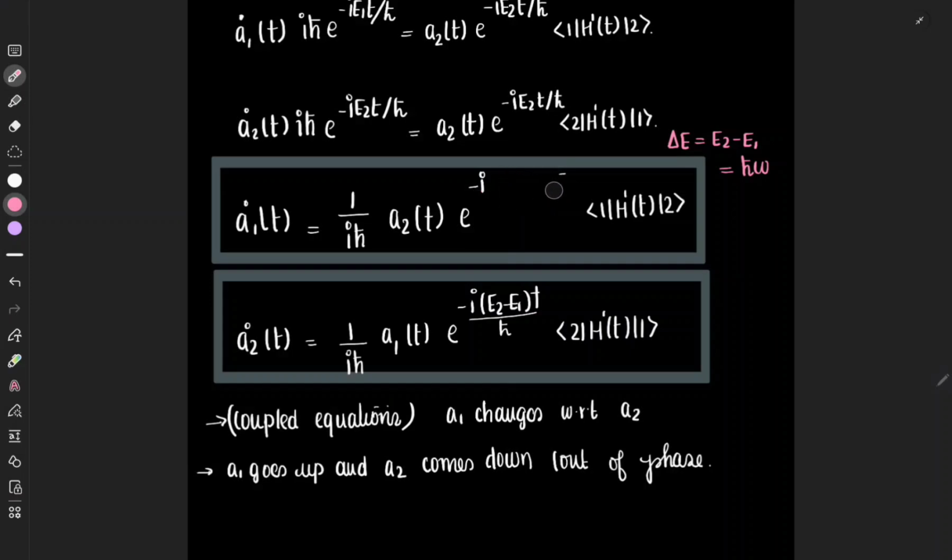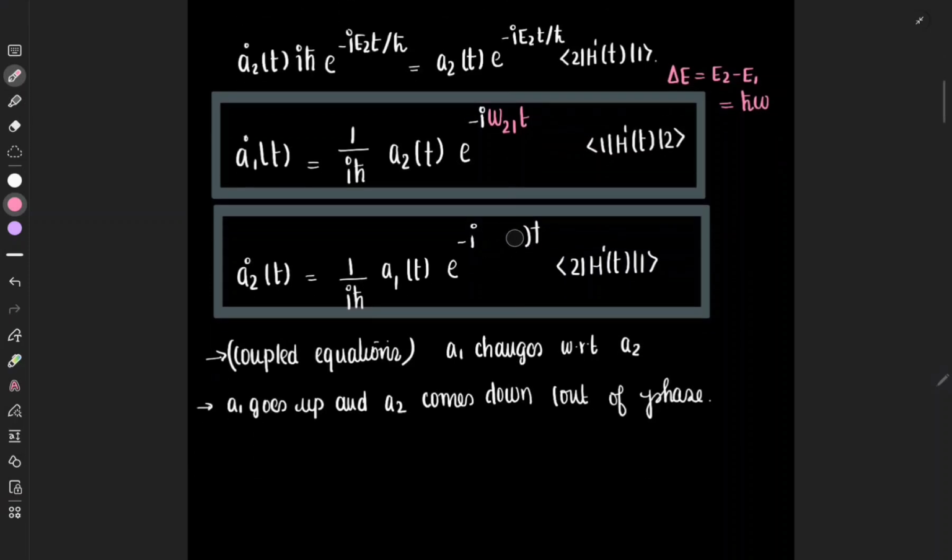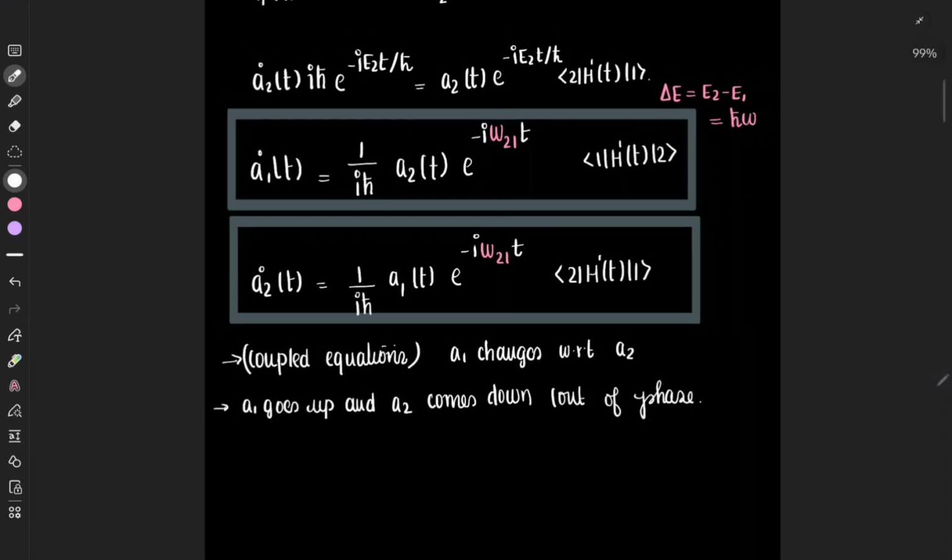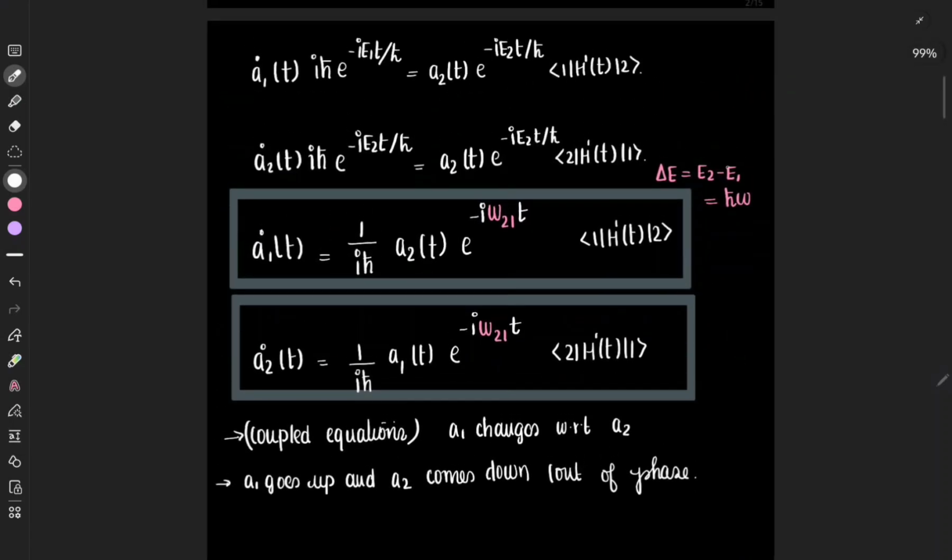So I can write it as omega 2-1 of t, because 2-1 means E2 minus E1. That's why I wrote it as 2-1. Same thing, I can write it here, omega 2-1 of t. I hope you understood how. So it was initially E2 minus E1, and by H cross I substituted and I got this equation.